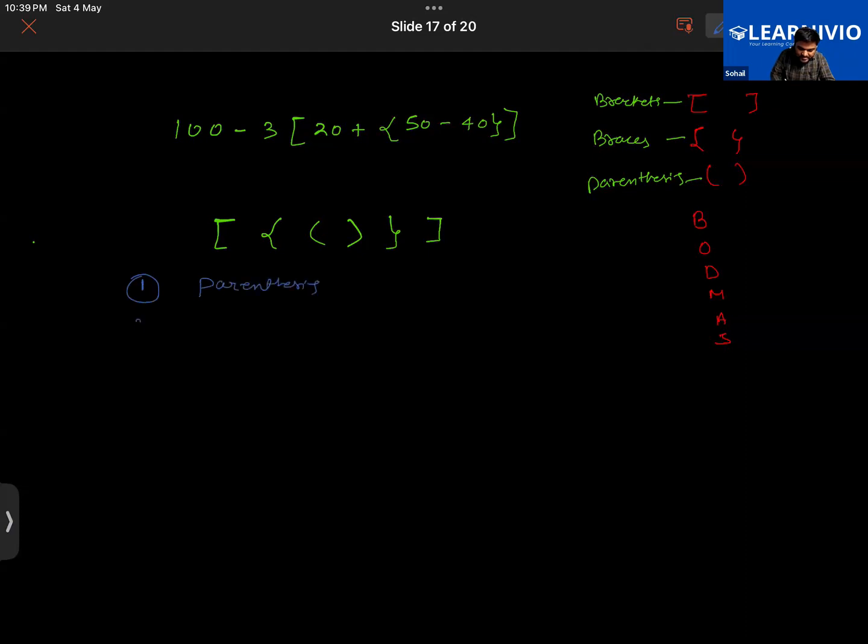Second, you do the values given in the braces. At last, you solve the values given under the brackets. So this is the sequence of solving questions in brackets.